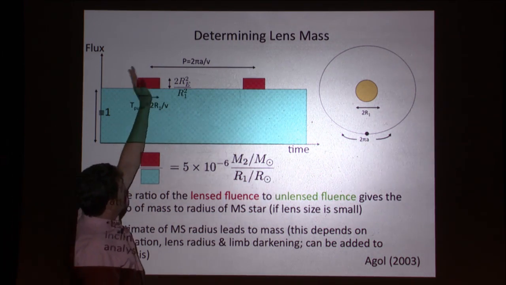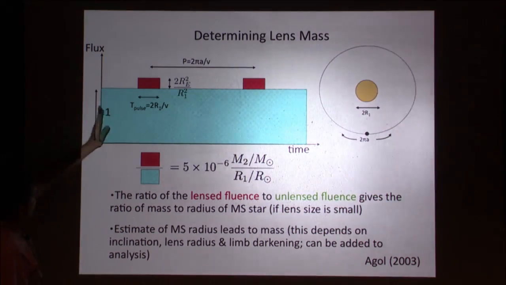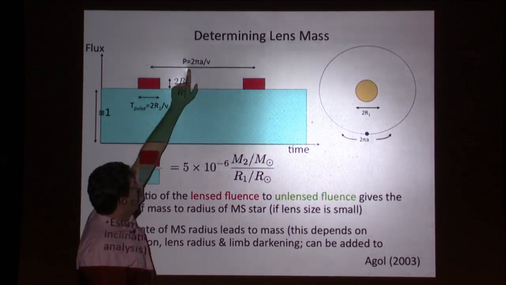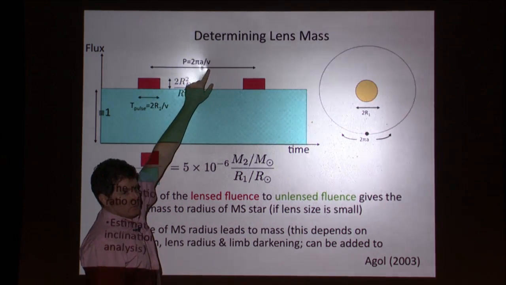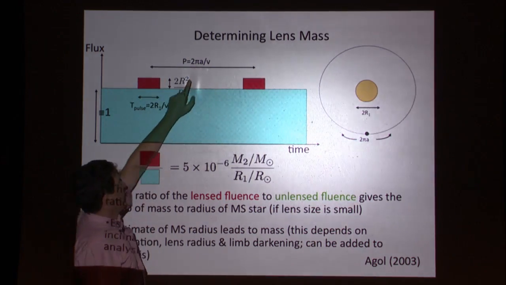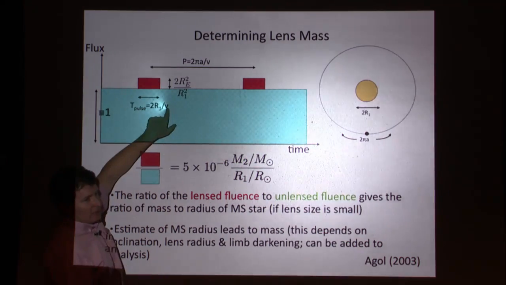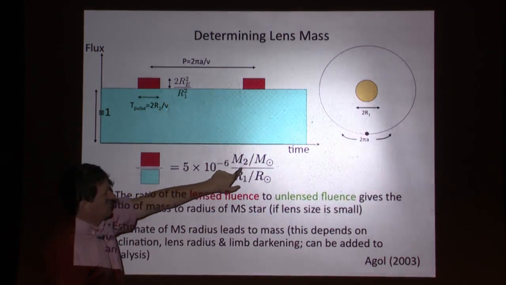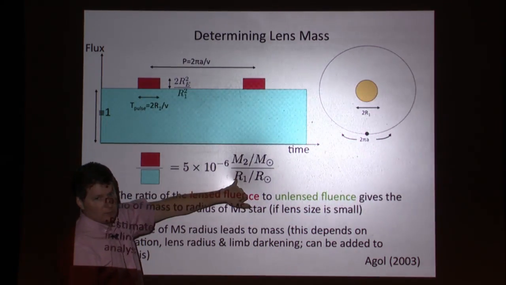And so if I integrate the green curve, which is the flux, the unocculted flux over one orbital period, then the orbital period is 2 pi a over v. So that scales in proportion to the semi-major axis over v. And so when I take the ratio of the red to the green areas, semi-major axis and velocity drop out, and I just get left with the mass of the lensing object, the white dwarf, divided by the radius of the source star.